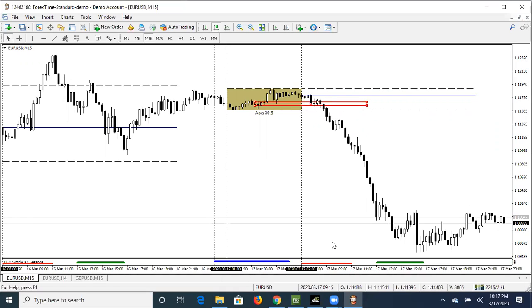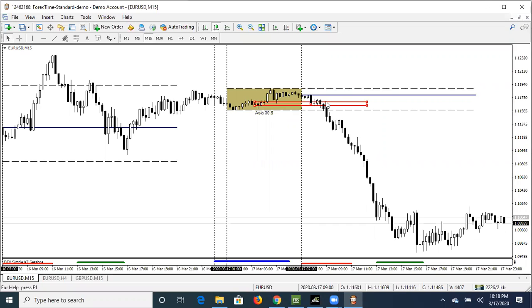Now, during the kill zone, price gave you a breaker here, right? So your entry for a sell actually is from this point. Notice how it coincides with your kill zone. So you might have gotten the last step broken during the Asian session, and you are having your retest during the kill zone.